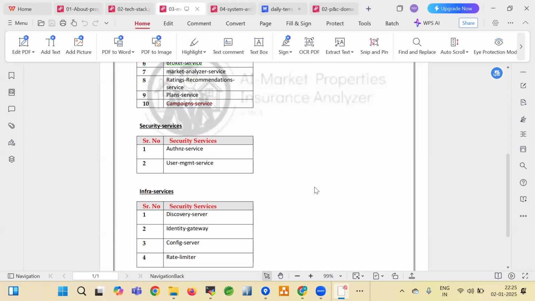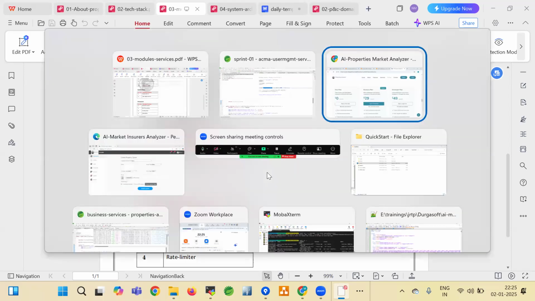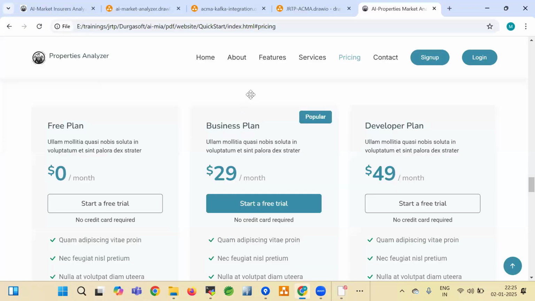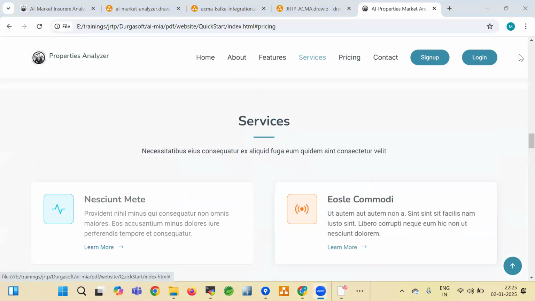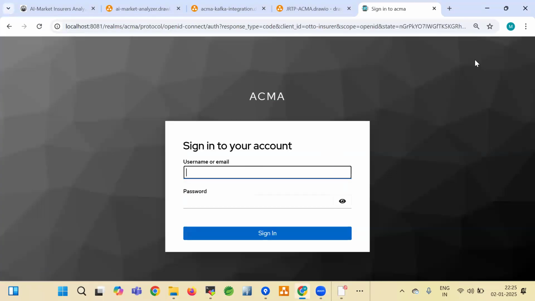It takes us to the IDP. You can see this is our product. When I click on this, we land on our IDP page. Who is taking care of this? It is taken care of by our auth service behind the scenes.